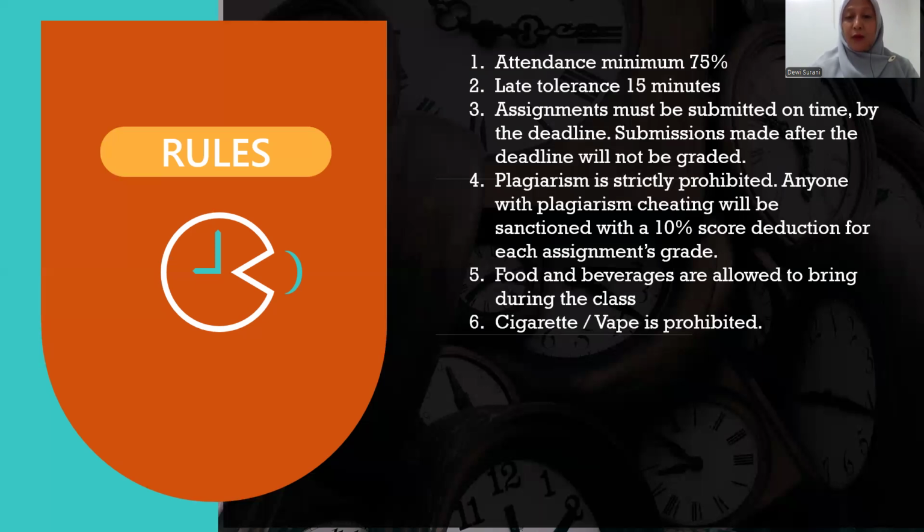You are allowed to bring food and beverages during the class, but please don't bring cigarettes or vape because it is prohibited in our course. By understanding and following these guidelines, you will be able to manage your responsibilities more effectively and perform well in this course.